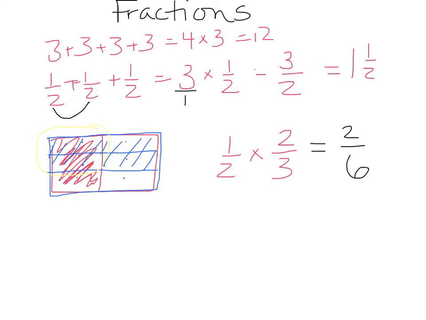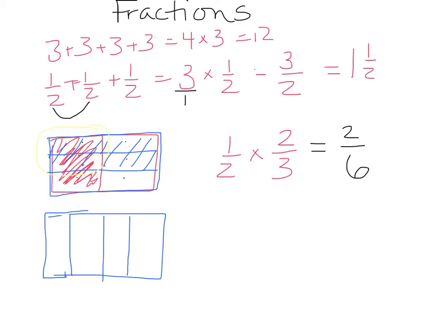If we go with, let's cut this one into 4ths, and we want to try and get our pieces as equal as we can. And let's say 3/4. 1, 2, 3.